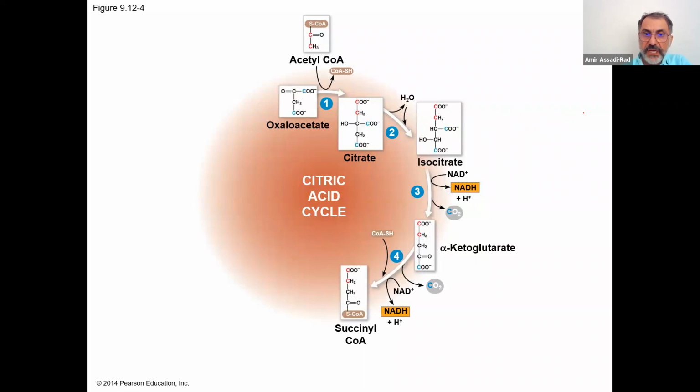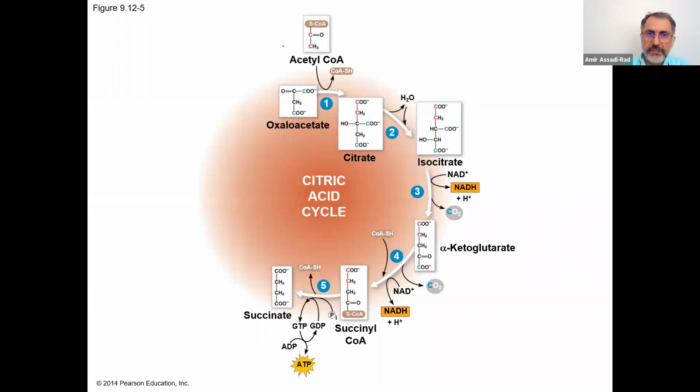Alpha-ketoglutarate becomes succinyl-CoA. So again, you make another NADH, and this carbon you exhale eventually as carbon dioxide, okay? And these 2 carbons came from pyruvate, the glucose molecule, the acetyl-CoA.